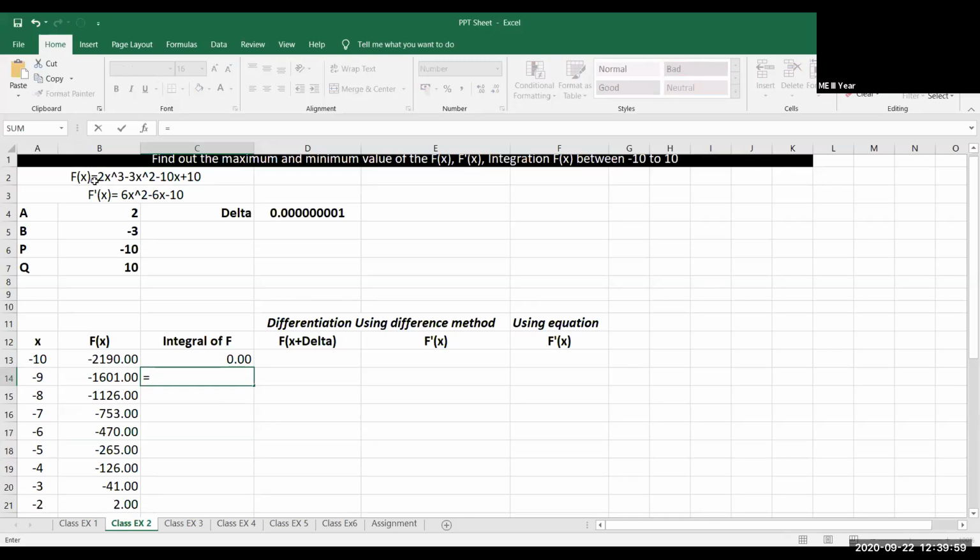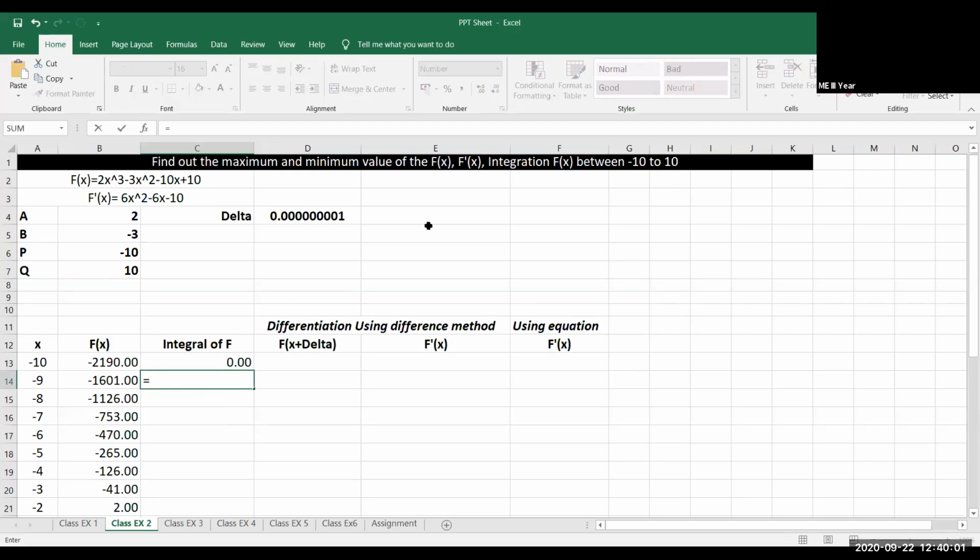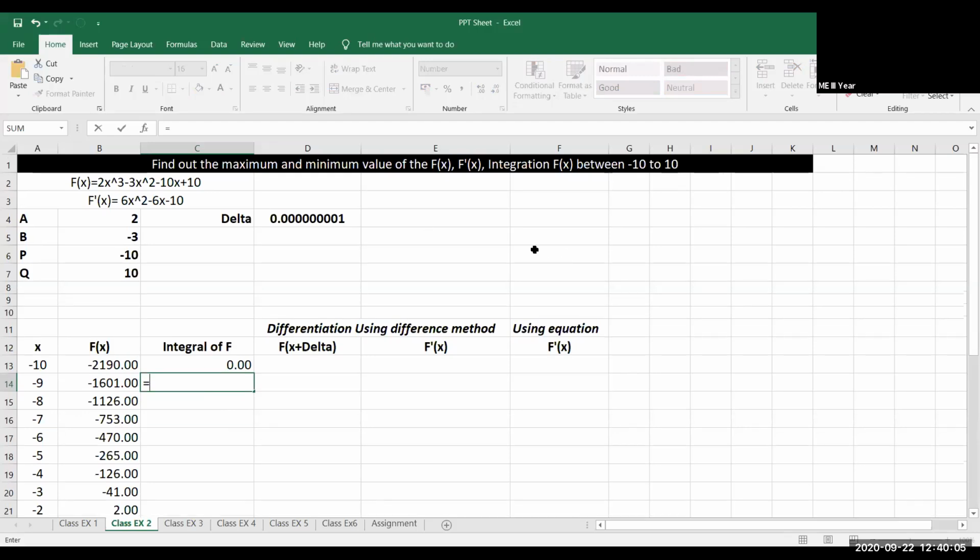Our trapezoidal formula. The trapezoidal formula is nothing but b minus a, where b is this one, meaning upper limit minus lower limit for the first step, into FA plus FB.